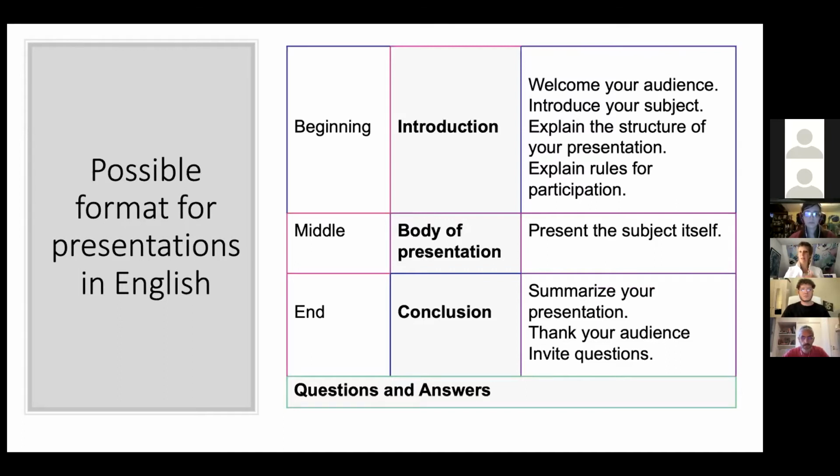You might explain the structure of your presentation, and I'll show you how to do that. And you might explain what the rules are for participation, okay? Just like you just heard me say, you can turn on your cameras, but please turn off your microphones, right? So you might start saying things like this right at the beginning, okay? And then you're gonna have the body of your presentation, which simply means you're gonna present the subject.